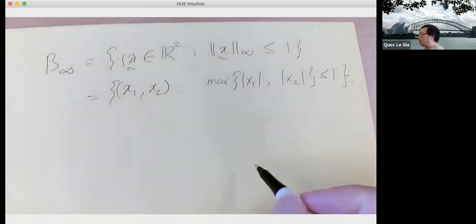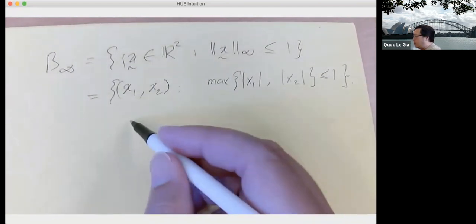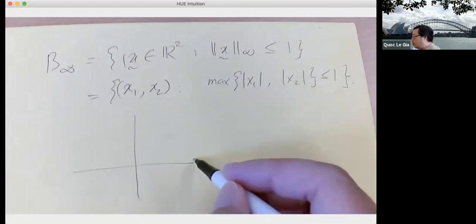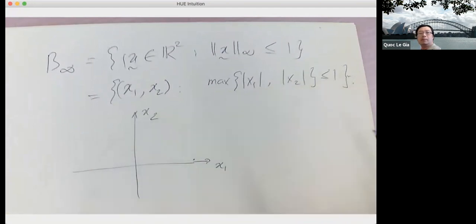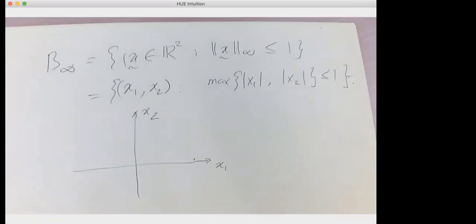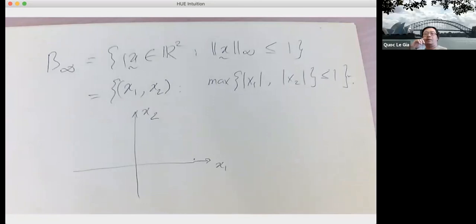So what is this set? Again, I draw x1 and x2 here. So what is this set? How does it look like? Anyone?